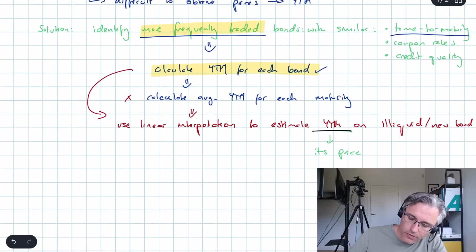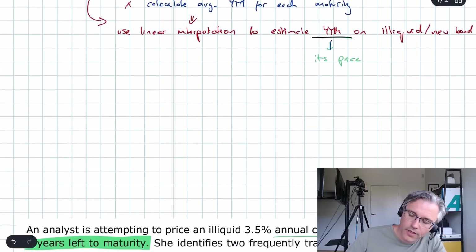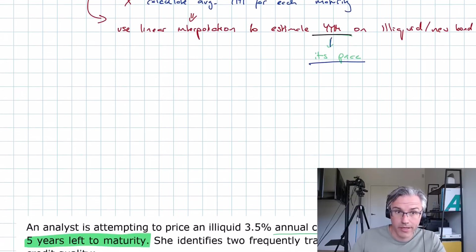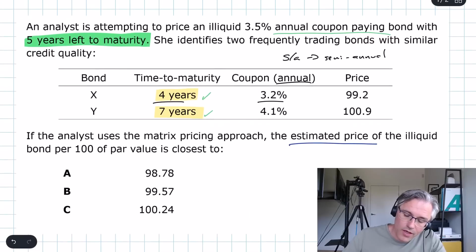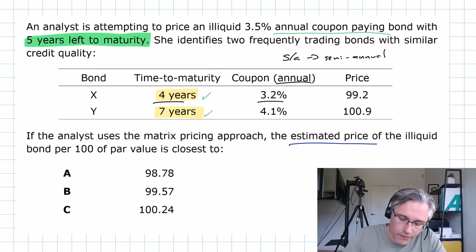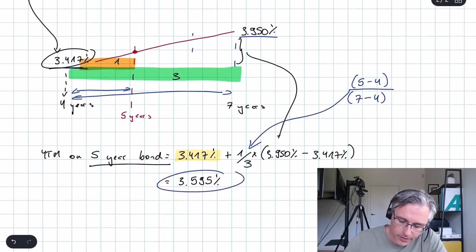And I did say before, once you have the yield, you can actually think about the pricing. So this bond is supposed to have 5 years to maturity. It's paying a 3.5% annual coupon, not semi-annual, and that's pretty much all I need.